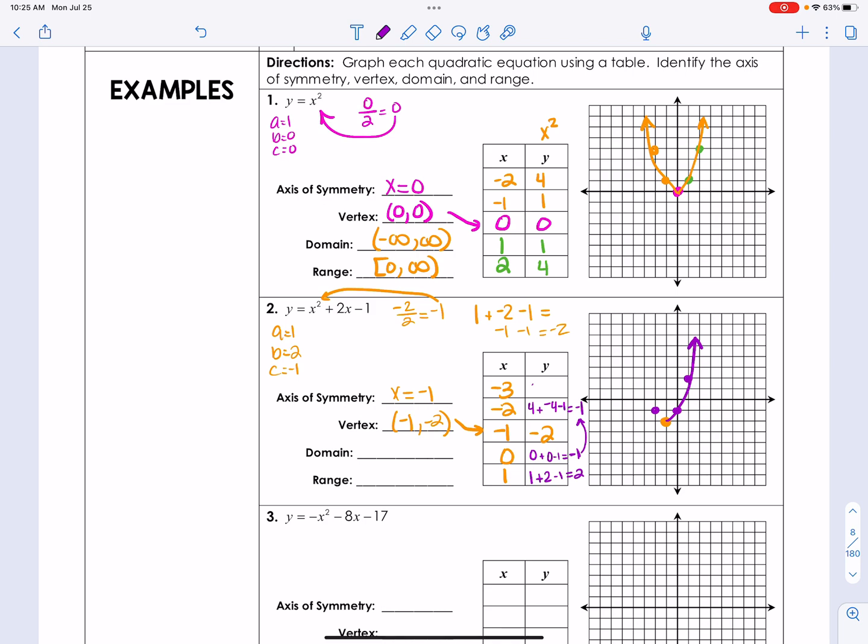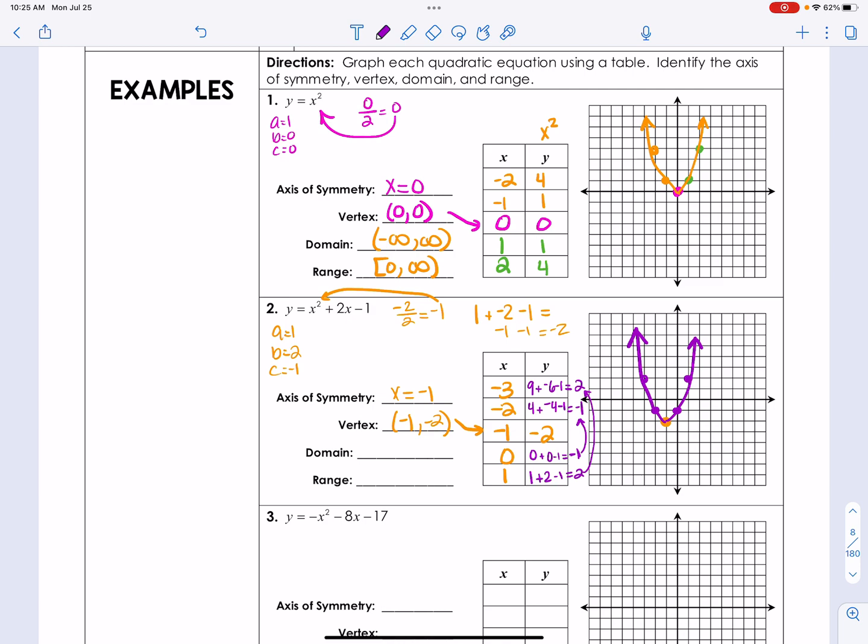Same thing here. -3 squared is 9 plus 2 times -3 is -6 minus 1. That ends up being 3 minus 1 is 2. Again, these answers were the same, because it's symmetrical. So I have a lot of kids in high school that only do the forward side. They do the positives, and then they just write the numbers in there. Okay, and I will show you that on the next problem.